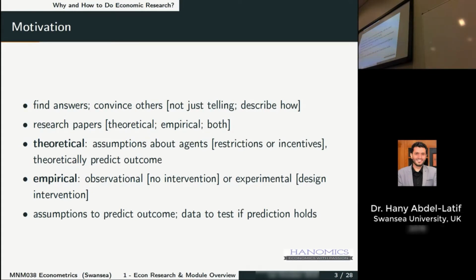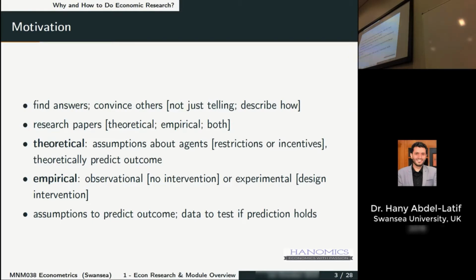Okay, so in your coursework, in your dissertation, maybe when you go to work after this, if you want to write a report, if you want to do any piece of research, whatever the context is, you will always be looking for answers, and that's what we do.